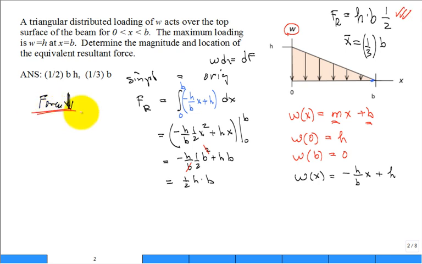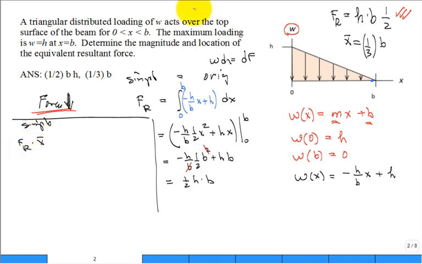What's our next one? We say, well, our equivalent system needs to have the same moment about point O as our original system. Our simple system's moment about point O, maybe I can fit it in over here. I'll try and do that. The simple system, that's just F of R, and I calculated the magnitude already, at the particular location x bar.